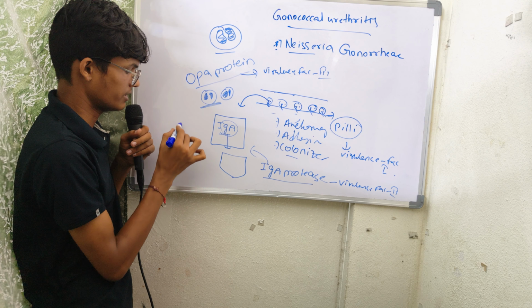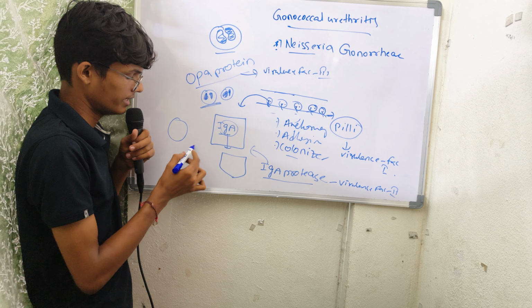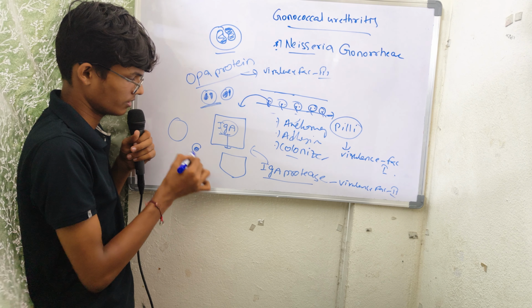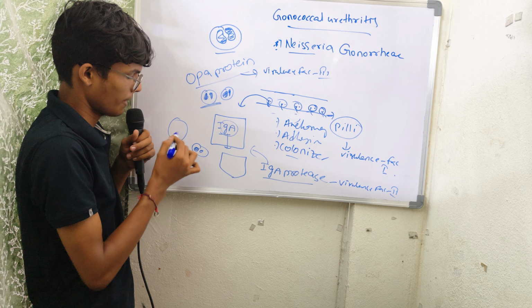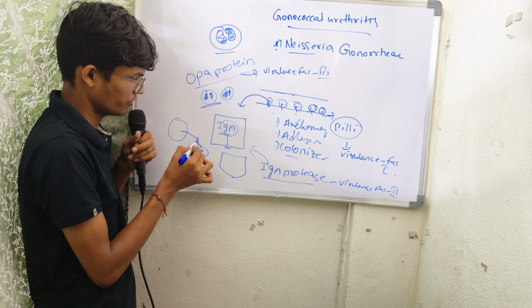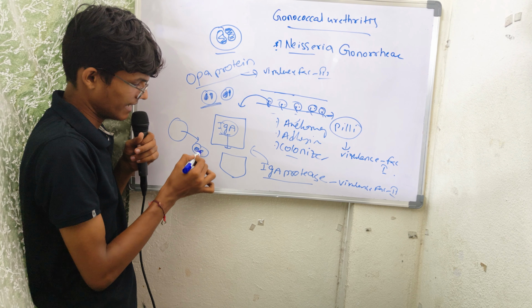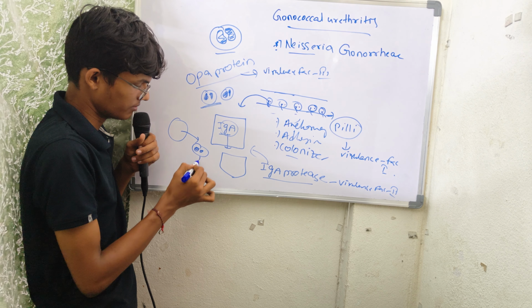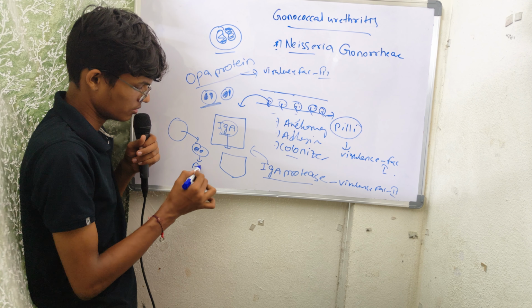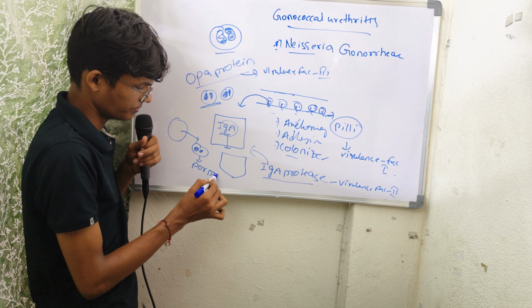And there is one more protein which helps the bacteria. See, this is a neutrophil and here is a bacterium, a diplococcus. Whenever the neutrophil attacks, it has a preventive mechanism known as porin protein.